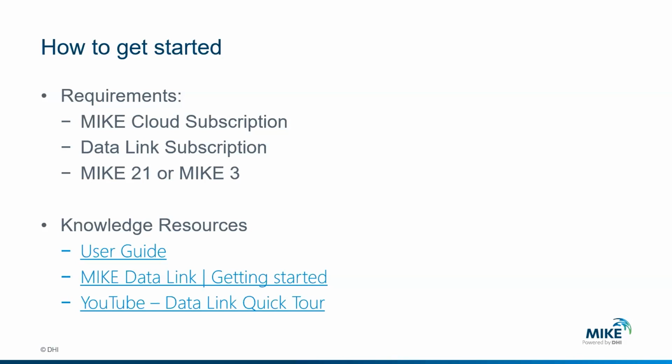I can't remember the exact pricing right now for Mike Cloud, but it's a notional amount on top of the Mike desktop prices, and that will give you access to one administrative user, and then you can add named users as you go. The Data Link product is available on a company-wide subscription, so you pay once, and everyone who is a named user within your organization can use it.